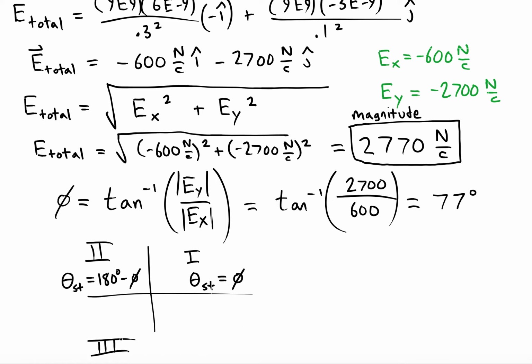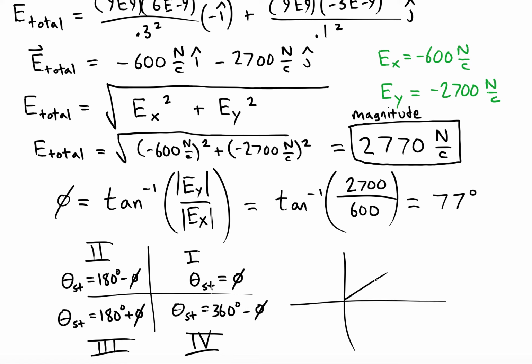In quadrant 3, this is the one that we're actually in, we want to do 180 plus our reference angle. And in quadrant 4, we do 360 minus the reference angle. The idea being that our vectors could point in any of these 4 directions, as long as they're not on the axes themselves, of course.